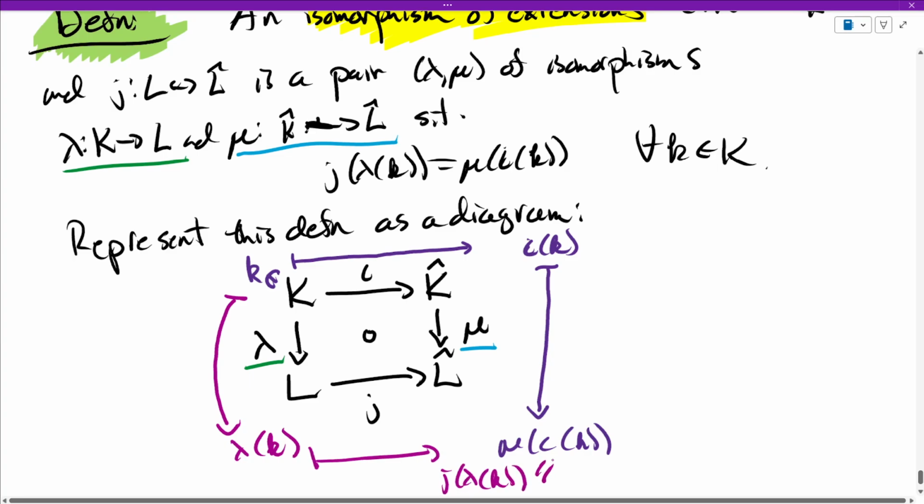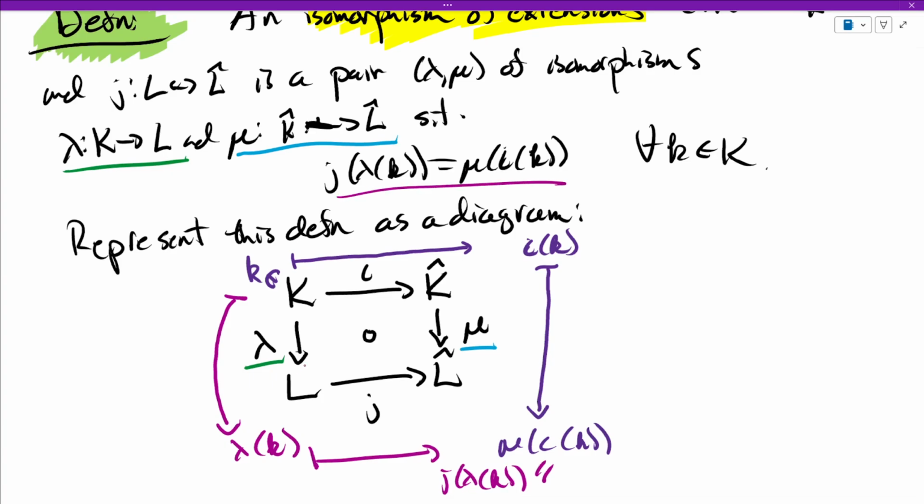Those should be the same, and that's how we represent the compatibility, and that's exactly what I wrote in that line there. So it's a very frustrating definition, but the diagram represents that definition.